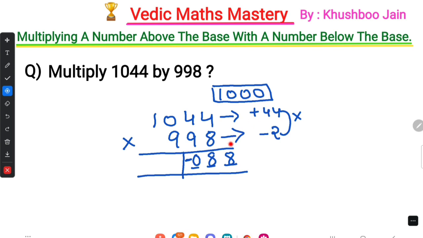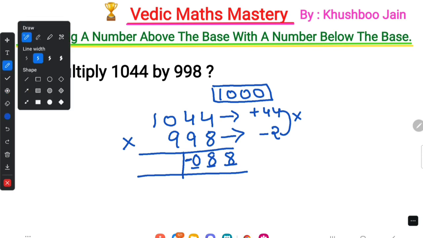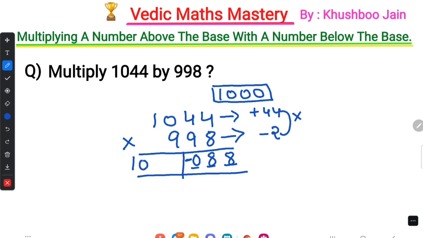So we subtract and we get 1042. So we complete it: 1042 minus 0088. So this is the answer we got.